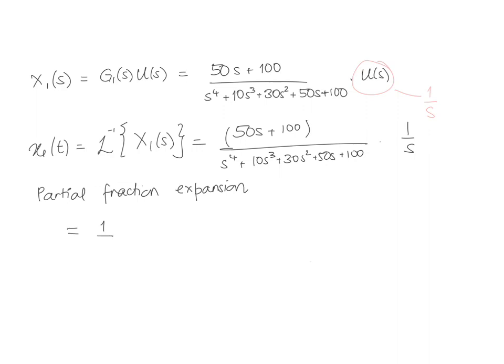It will work out to some numerator divided by s, plus some other numerator divided by the first order mode, s plus 5.803, plus another first order mode, s plus 3.8844.